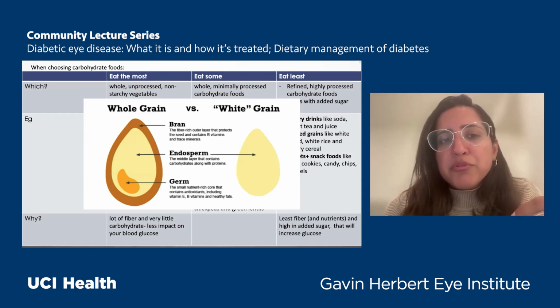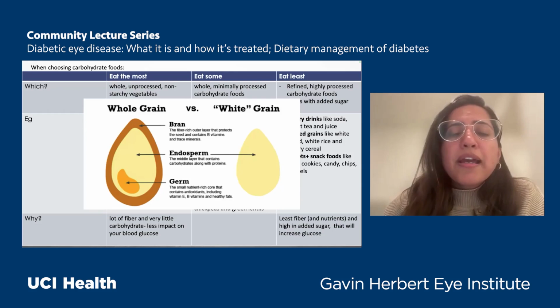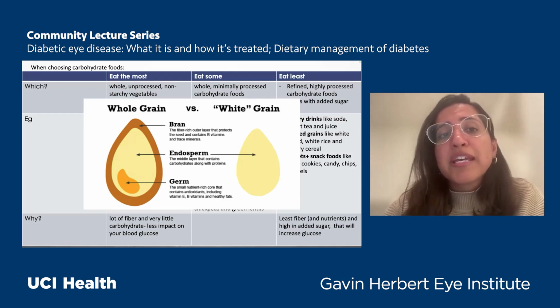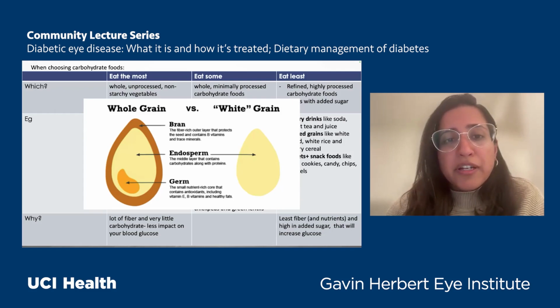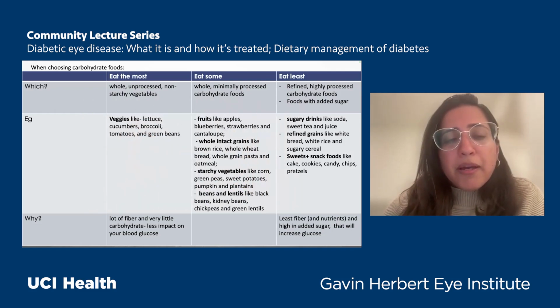The refined grain removes the bran, it removes the germ, and so you're just left with the starch, and that's why a lot of the refined carbohydrates that we eat, for example, cereals, may be fortified, but they don't replace all the nutrients that are removed during the processing of that food.